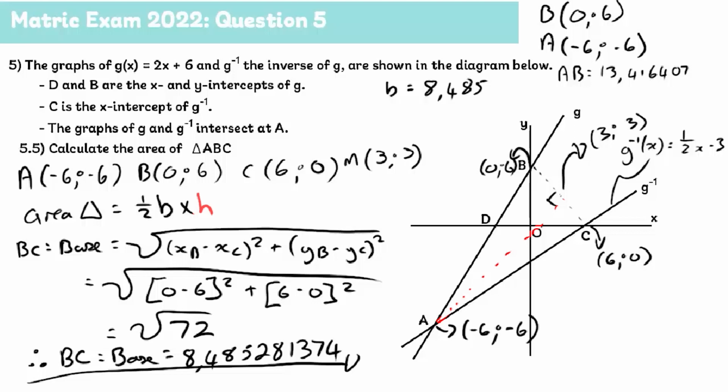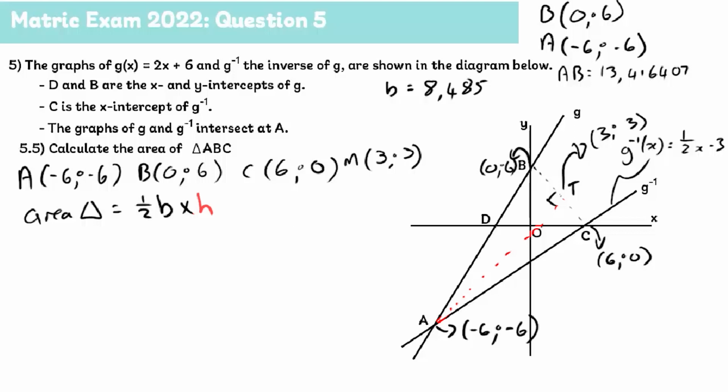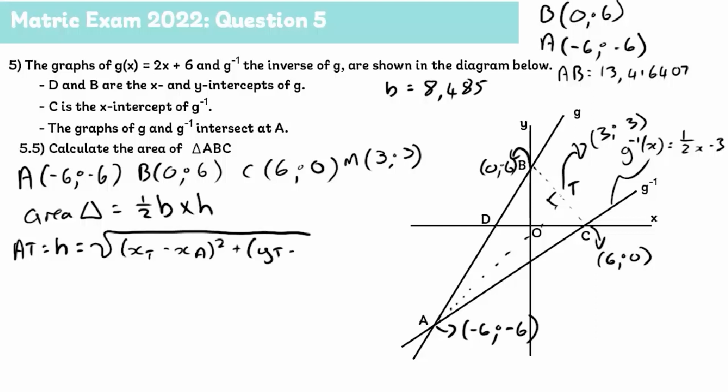Now, let's have a look at the height. The height is equal to AT. So AT equals the height, which is equal to, once again, we're going to work out the length. It'll be (xT − xA) squared plus (yT − yA) squared.